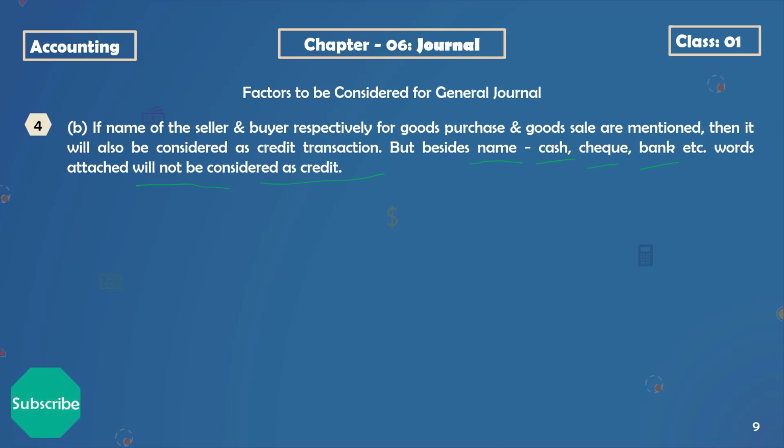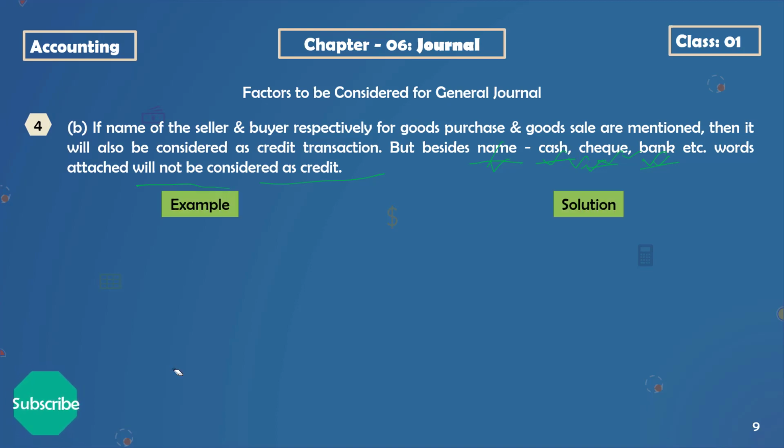But if both the name and these words are mentioned at a time in a transaction, then you have to prioritize these words, and you have to ignore the name. So there will be no scope for credit consideration. You have to consider them as cash transaction or bank transaction, etc.